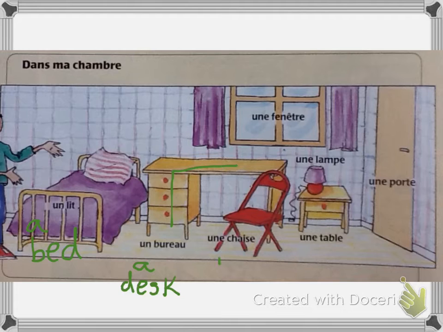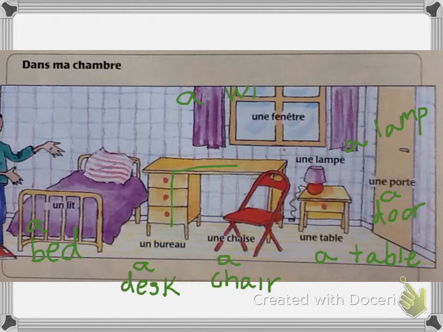Une chaise is a chair. Une table is a table. And again, I know it's a because we're using un or une. Une porte is a door. Une lampe is a lamp. And une fenêtre is a window.